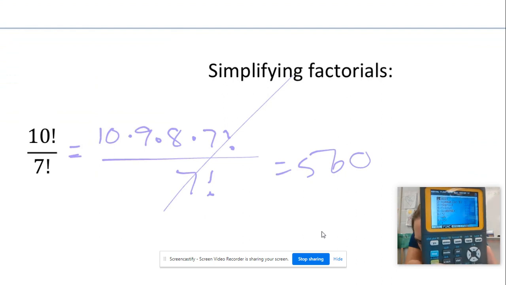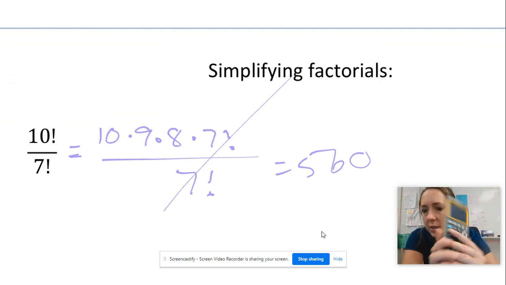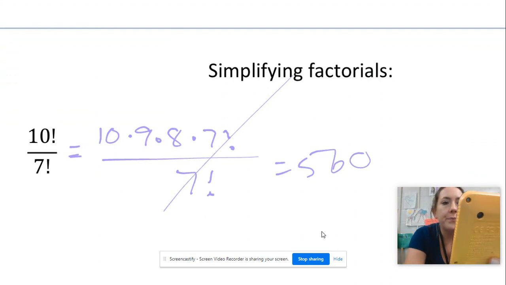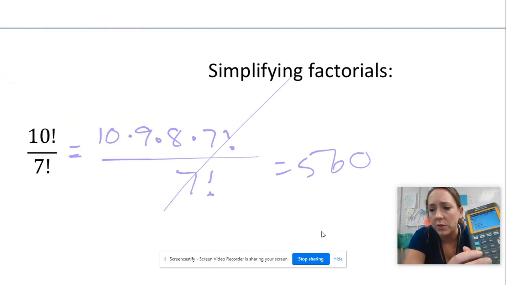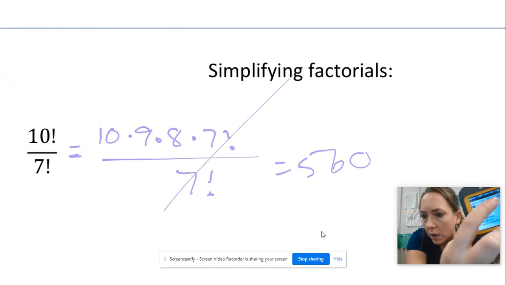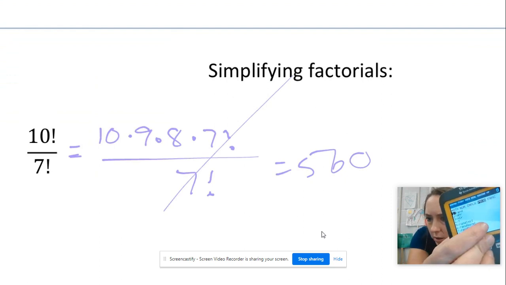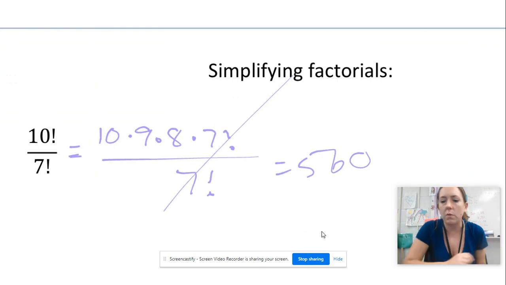Number 9 is an exclamation point. It's a factorial. You can also find it by hitting the math button, which is under alpha, and going over to probability, and it's like number 4. That's more buttons though, so whatever you want to do. But yeah, so yay, factorials.